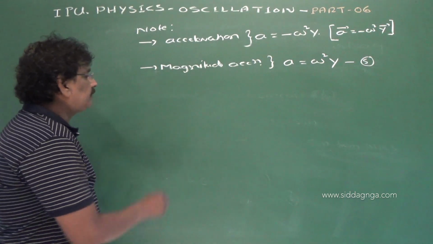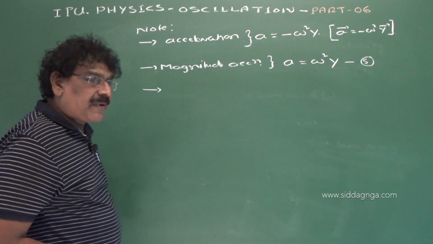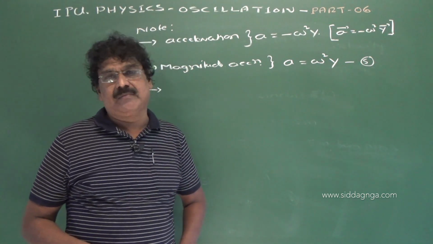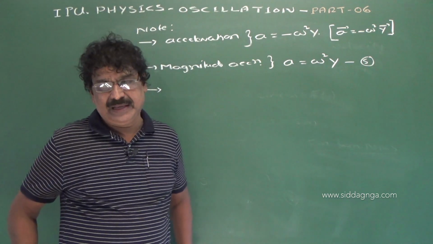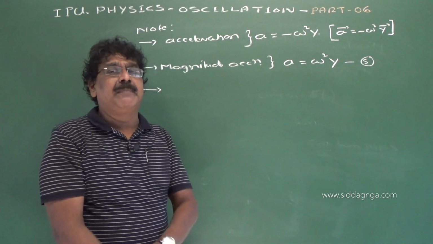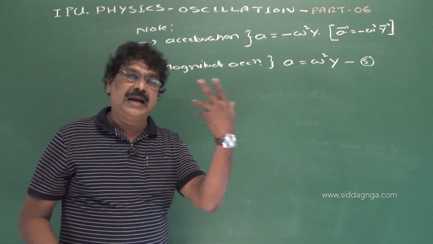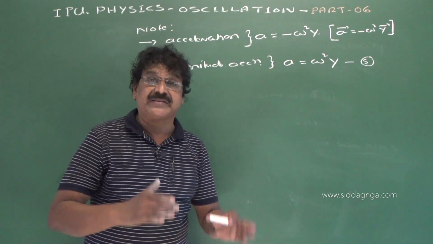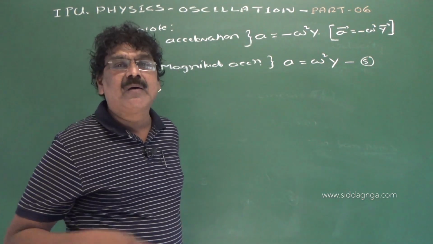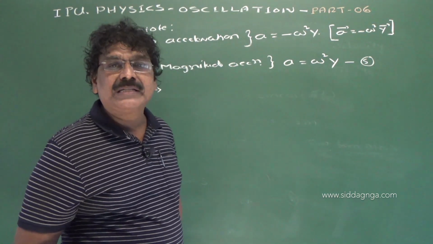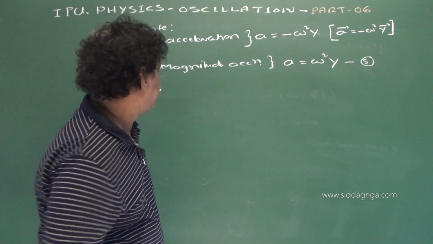Now, here we take a particle executing simple harmonic motion, which changes its position with respect to time. Generally, we consider 3 positions: one mean position and the other 2 extreme positions on the positive side and negative side. Now, let us see what is the value of acceleration at mean position and at extreme positions.